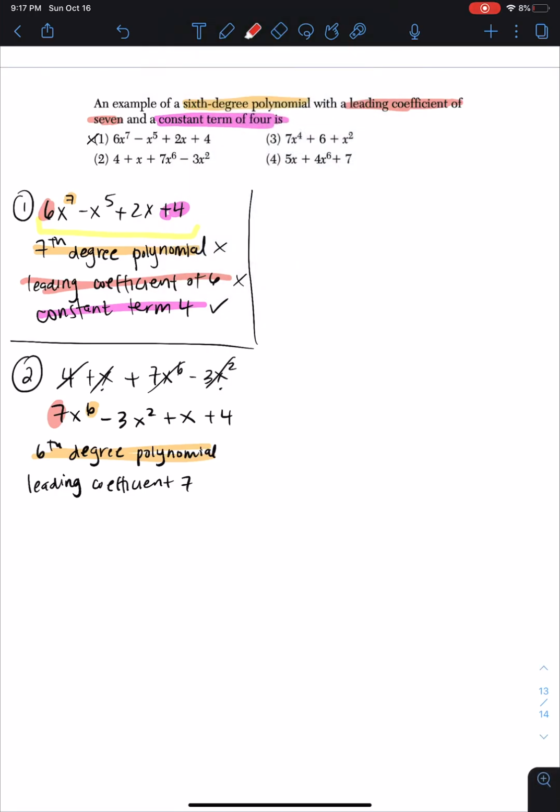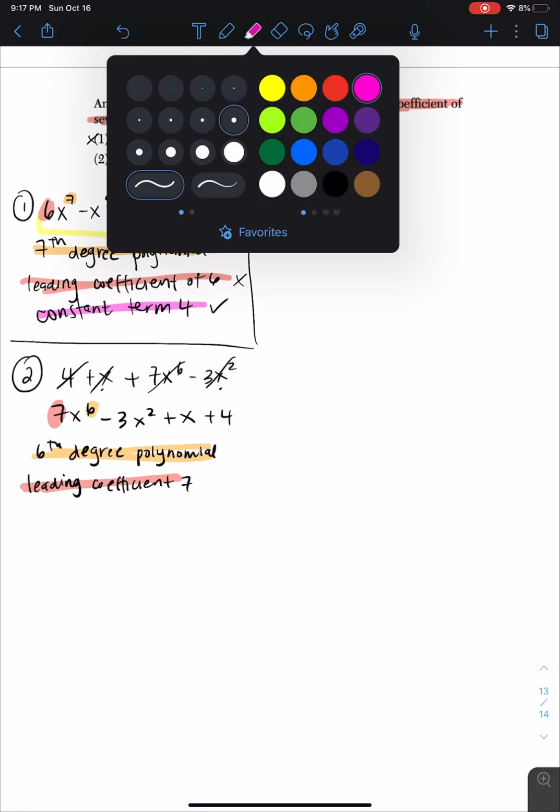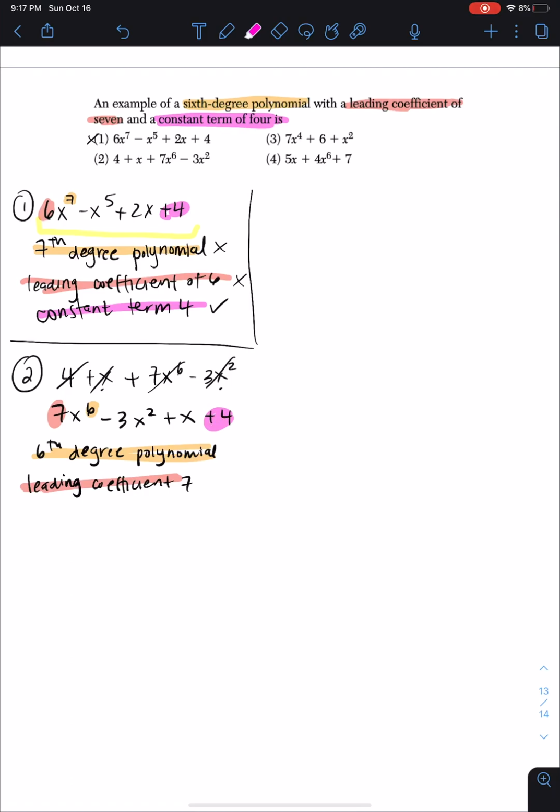I'm going to highlight that in red. And then our constant term is 4. So let's go back to what the problem is asking. We have a 6th degree polynomial, a leading coefficient of 7, and a constant term of 4. So number 2 is going to be the correct option.